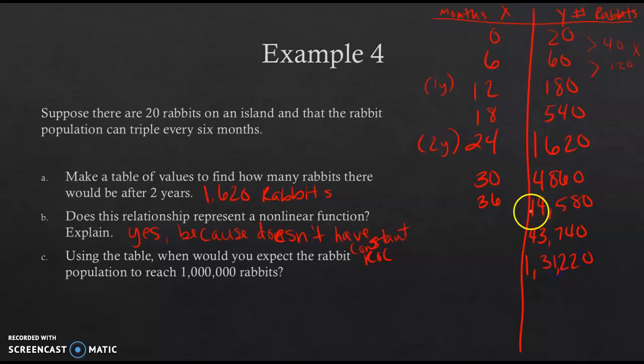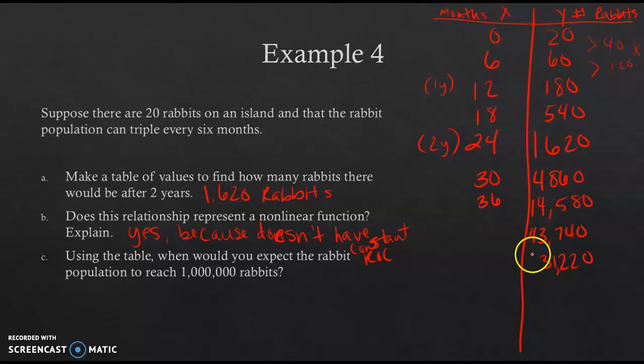We take that times 3, and we end up with 131,220. I'm going to take that times 3, and we get 393,660.